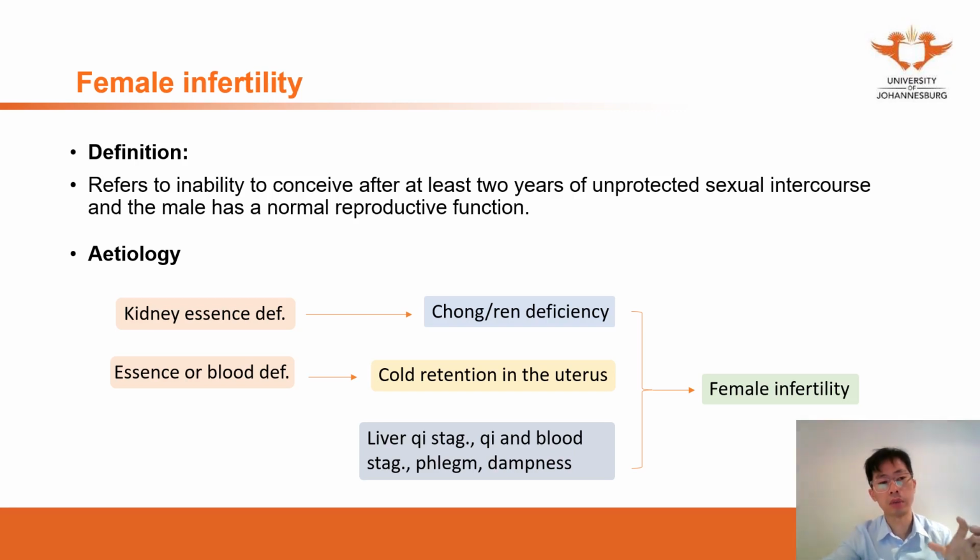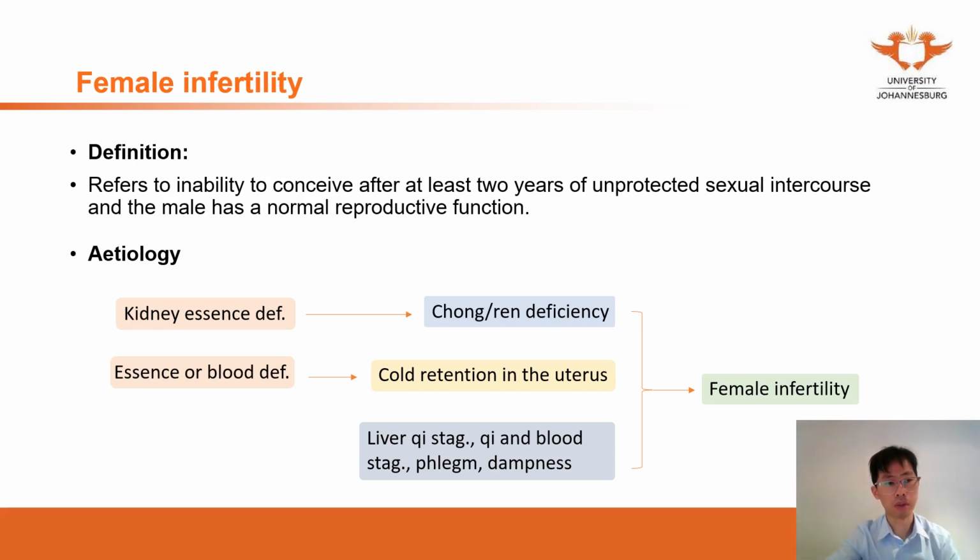When you understand this principle, you will understand that it is very important for a female to have regular menstruation. In modern science or conventional medicine, regular menstruation also indicates normal hormones, those 6 different hormones.